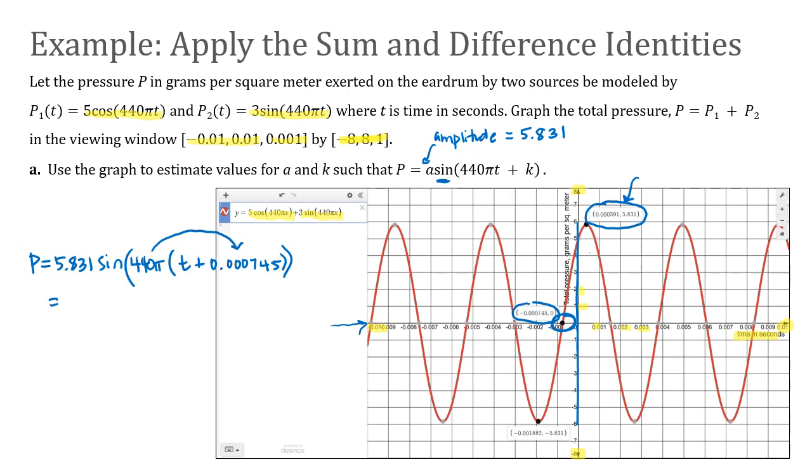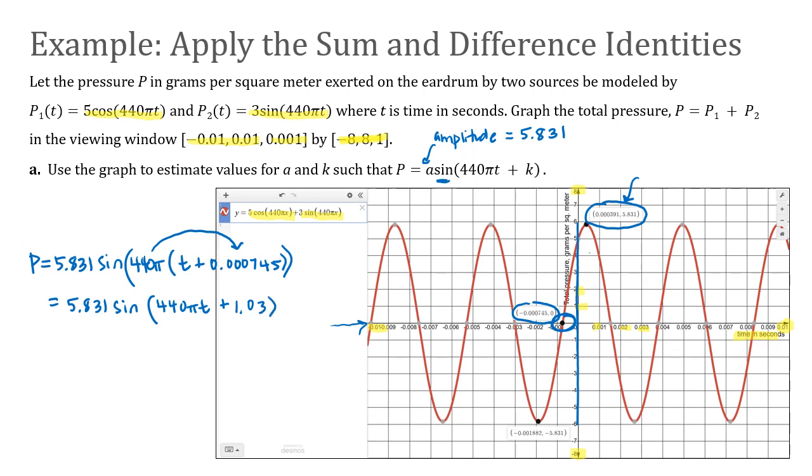So if I simplify this one step further, I get that P is equal to 5.831 times the sine of 440 pi t plus, when I put 440 pi into my calculator and multiply it by that 0.000745, I got 1.029814072, which I'm going to round to 1.03.